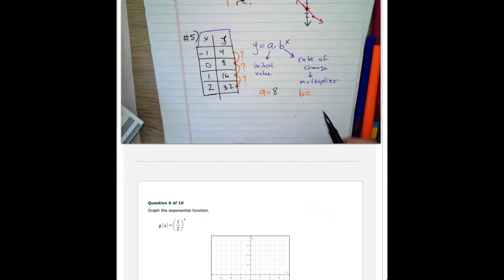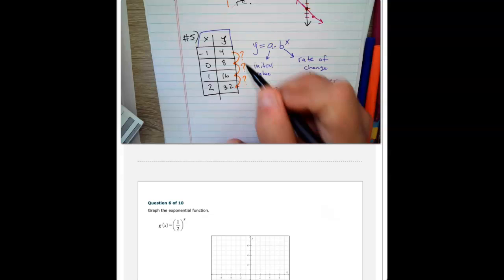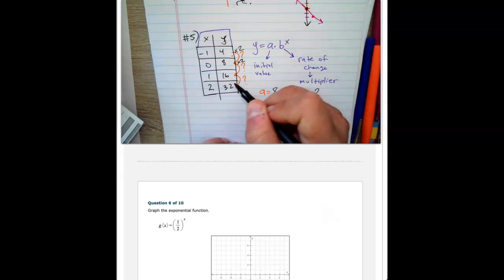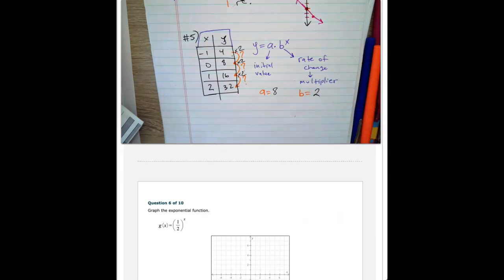Hopefully you got 2. 4 times 2 is 8, and 8 times 2 is 16, and 16 times 2 is 32. And then we can write the equation. Now, if we know what a and b are, we can write the equation. Y equals a times b to the x power. There it is, my friends.